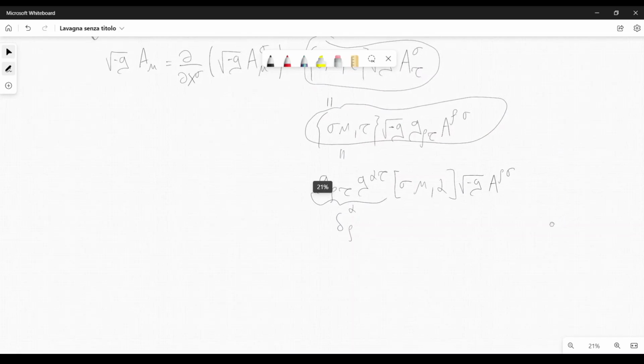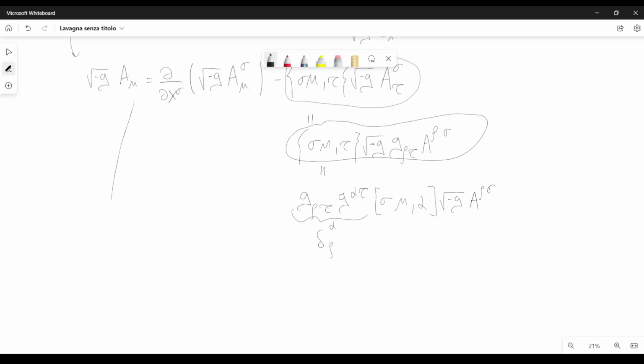Therefore, we can also rewrite this expression like this: square root of minus g a mu equal to derivative with respect to x sigma of square root of minus g a sigma mu. Then we get minus square bracket sigma mu rho times square root of minus g a rho sigma.